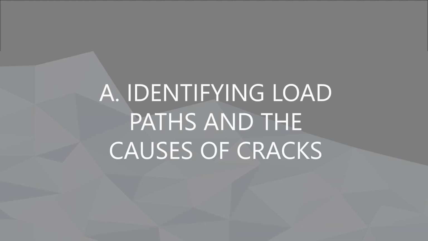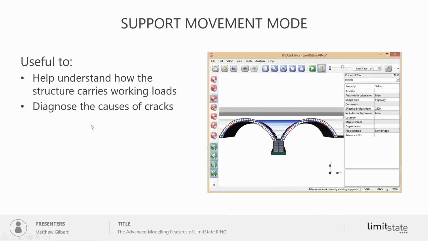And what I'm going to use to help me is the support movement mode in limit state ring. So support movement mode will actually do both of those things, understand how a structure carries working loads potentially, and also diagnose the likely causes of cracks.